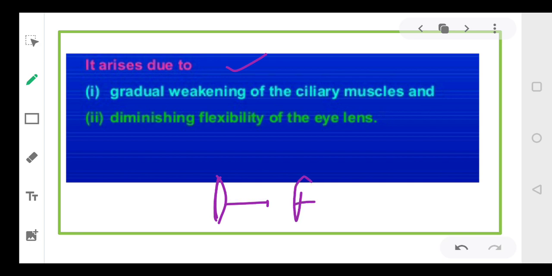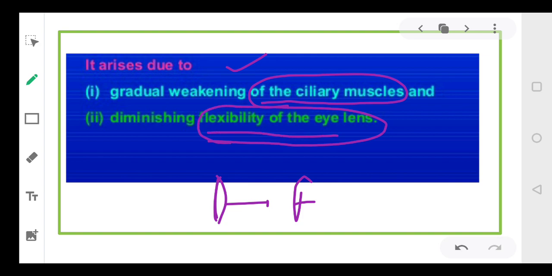And which muscles are involved in changing the focal length? Yes, it is the ciliary muscles. So with age, the ciliary muscles become weak, and the flexibility of the lens also decreases.